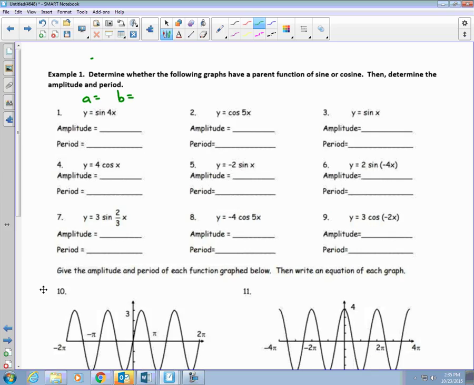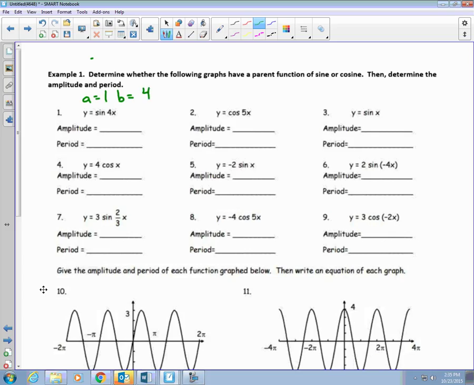Okay, what we want to do right now is look at the equation, and we want to determine the amplitude and the period. In order to do that, you just have to determine the a value and the b value. The a value is what's in front of the function. The b value is what is in front of x. What's the a value? 1. What's the b value? 4.